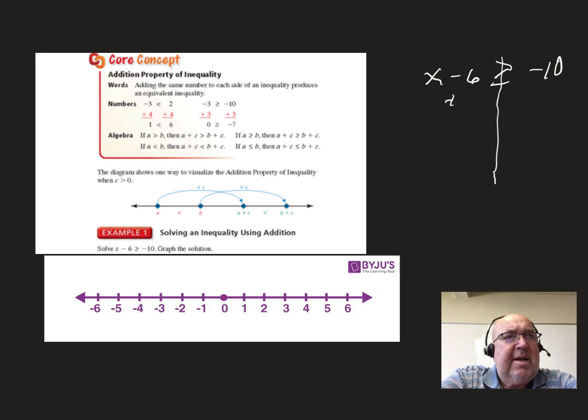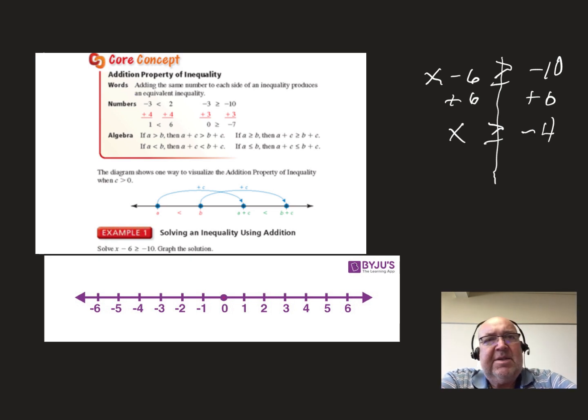I can draw a line, I can add 6 to both sides, plus 6, and I get x is greater than or equal to negative 4. So now I can come over and graph that. I'm going to do a closed circle at negative 4, and then I'm going to go to the right.